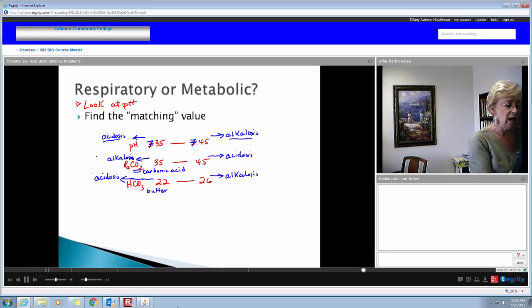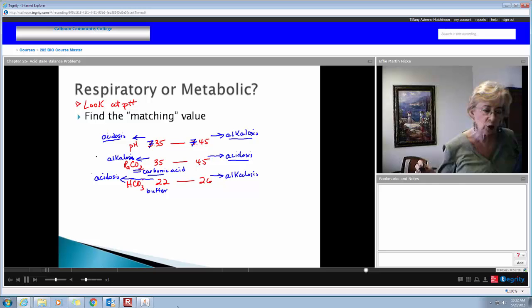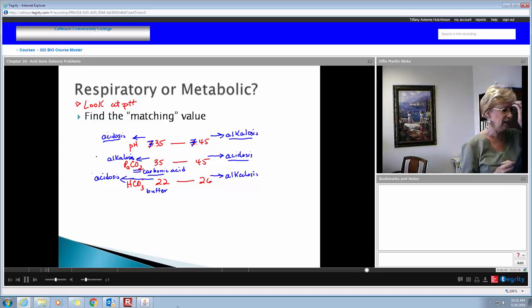PaCO2: if you've got a high PaCO2, you're producing a lot of CO2 that changes to carbonic acid, and you're going into acidosis. Low PaCO2, lower than 35, alkalosis. Buffer: high buffer, outside of 26, is alkalosis. Lower than 22, acidosis. Write those things down, okay?